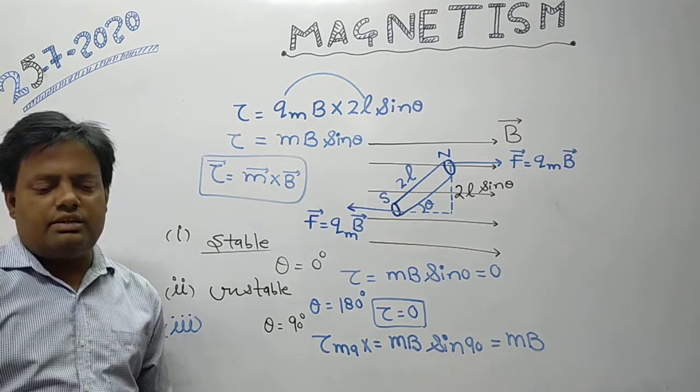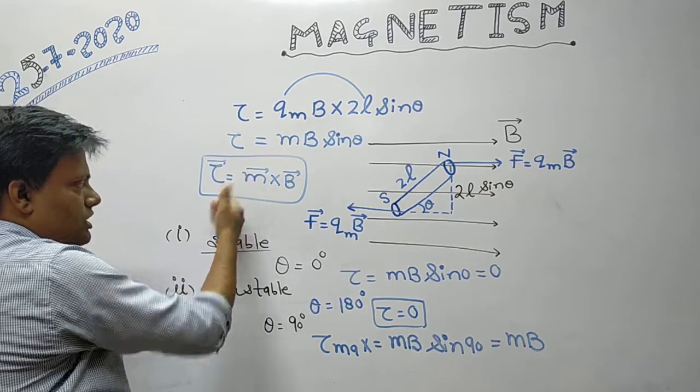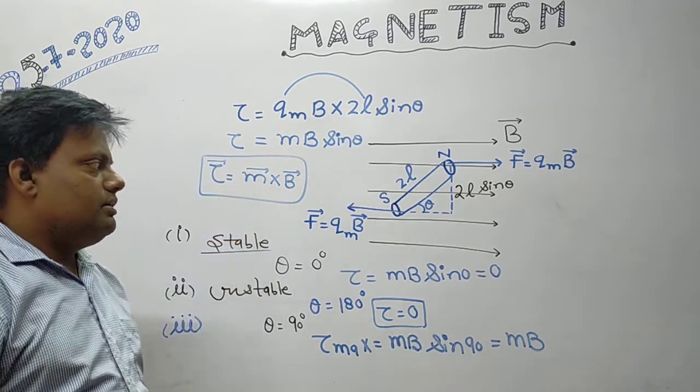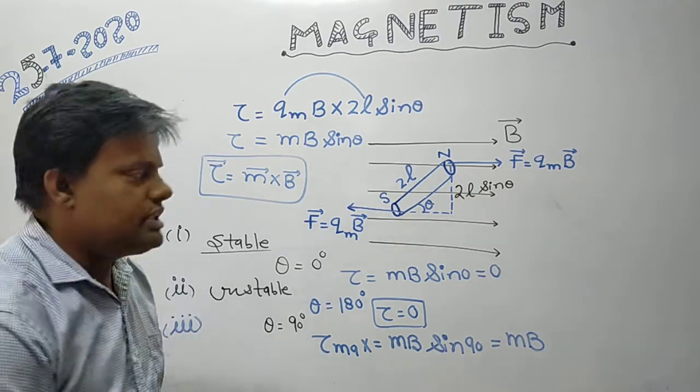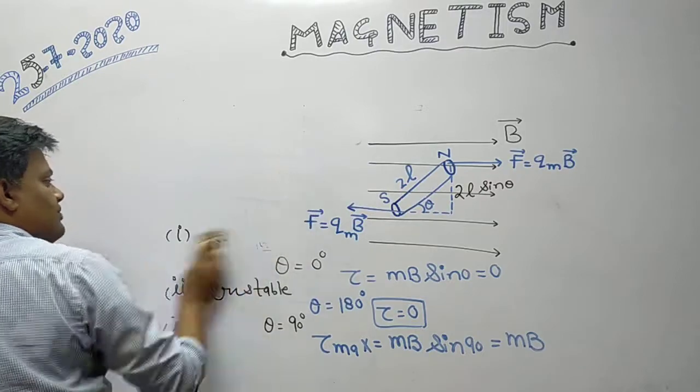Further, by using this formula of the torque, we can calculate the work done on a magnetic dipole. For this, we will proceed in the next section.